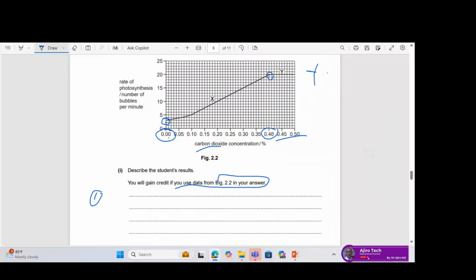So you can compare the rate when it is lowest and when it is highest. From 0.0 all the way to 0.40, the rate increased, and then stayed the same. Those are the things to note.